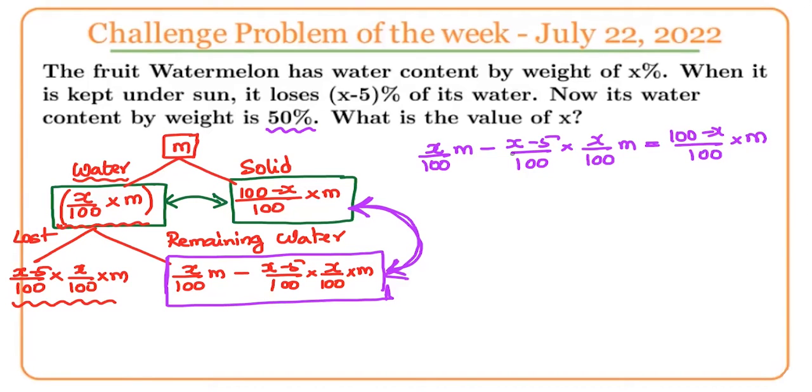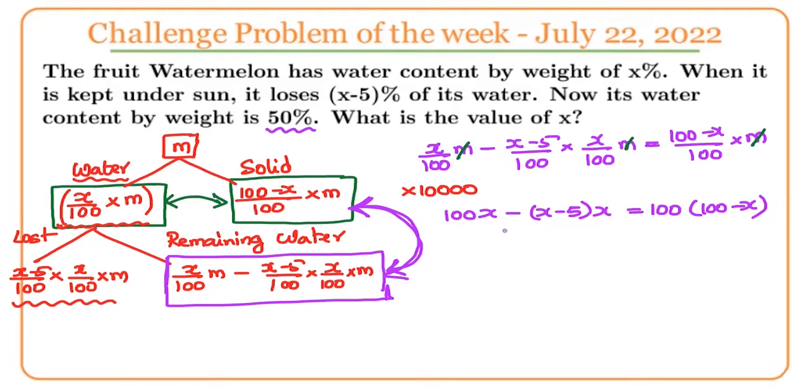And we can see that every term has m in it, so we can cancel that, and we can also multiply this entire equation by 10,000, which is 100 times 100, so that we can get rid of all the denominators. So we're going to get 100x minus x minus 5 times x equals 100 times 100 minus x.